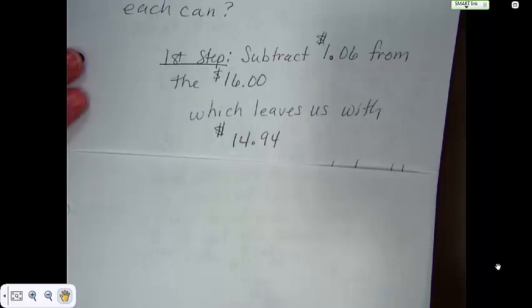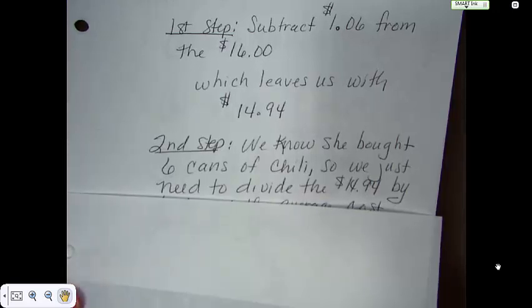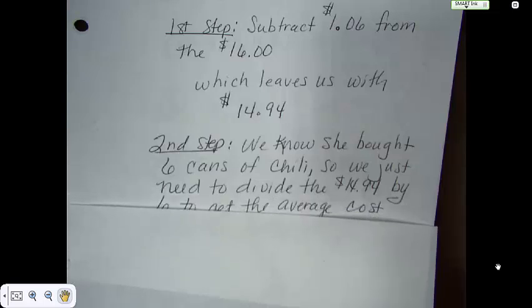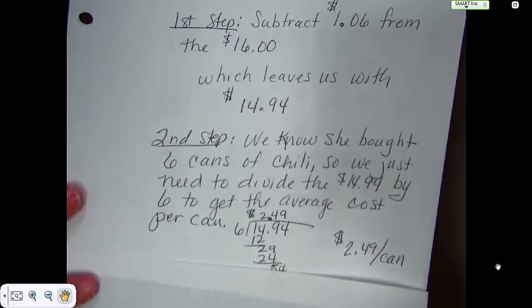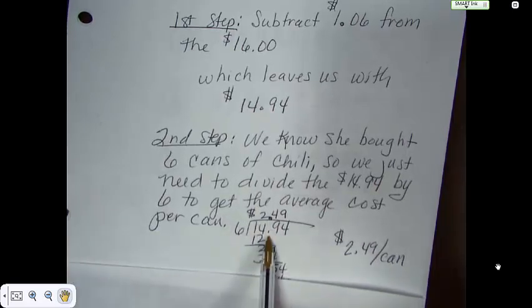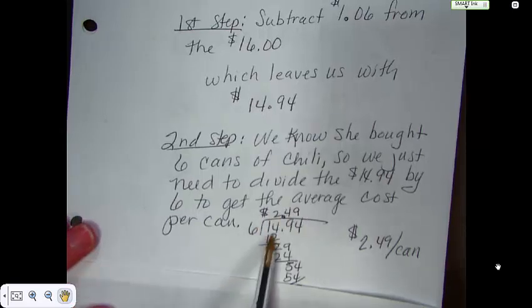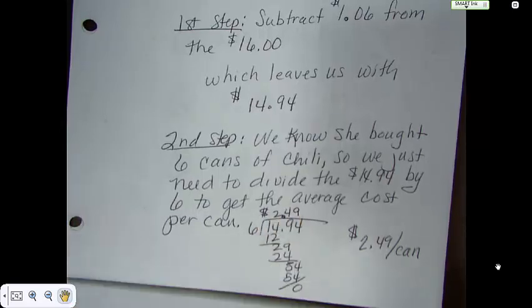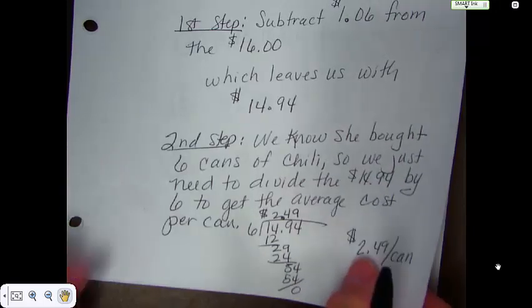So our second step would be to divide that $14.94 by the number of cans of chili that she bought, which happens to be 6, and you'll get the average cost per can. So $14.94 divided by 6, you end up with $2.49 per can. That's not too hard, is it? That's kind of common sense, I think.